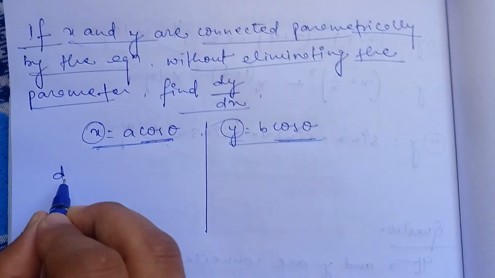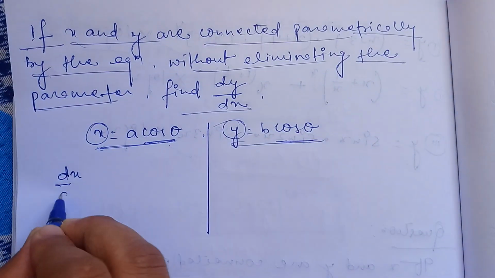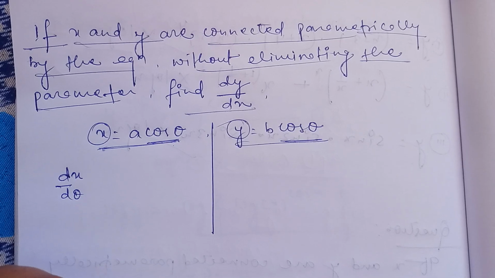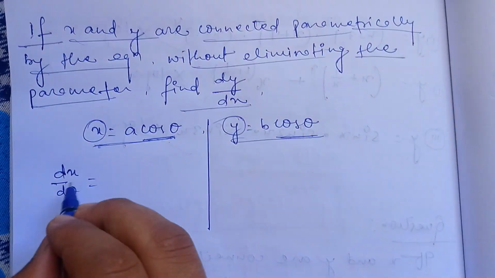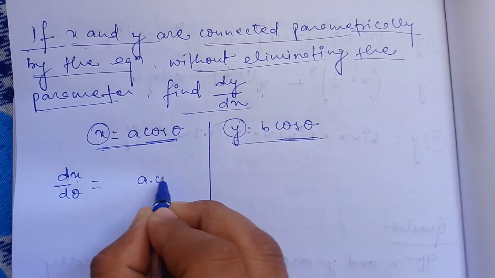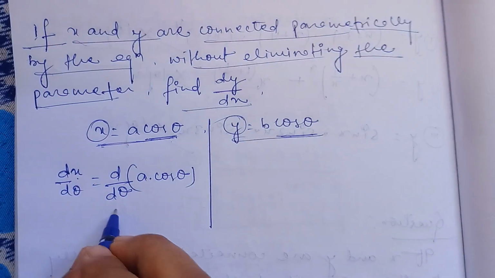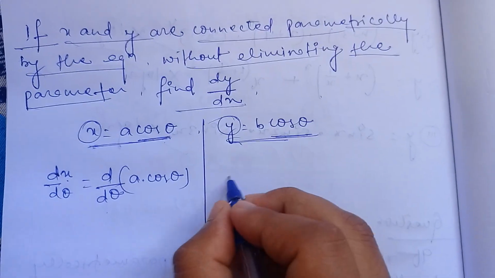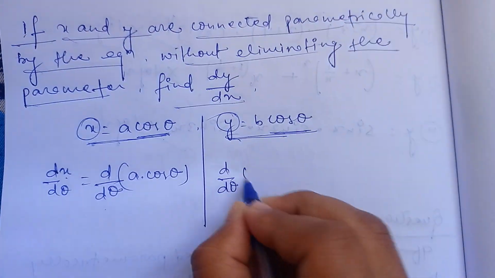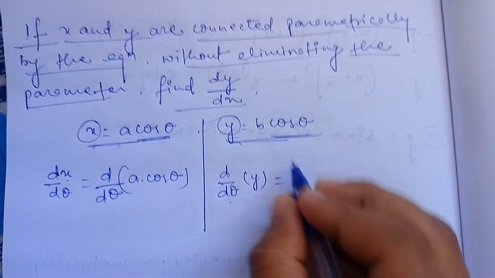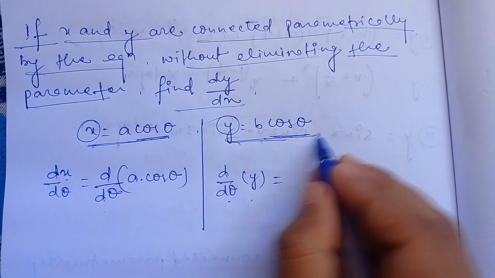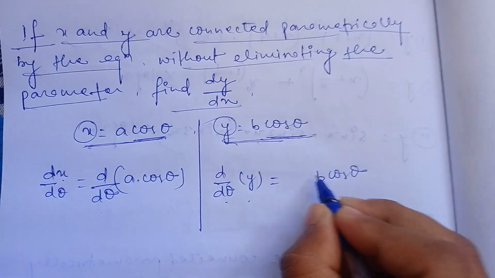Now we are differentiating x with respect to theta. The value of x is a cos theta, and we are differentiating with respect to theta. Likewise, y is differentiated with respect to theta, and the value of y is b cos theta.